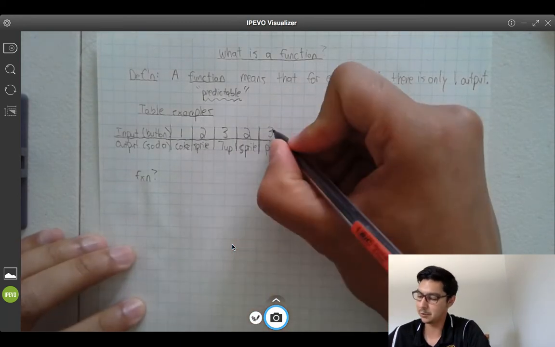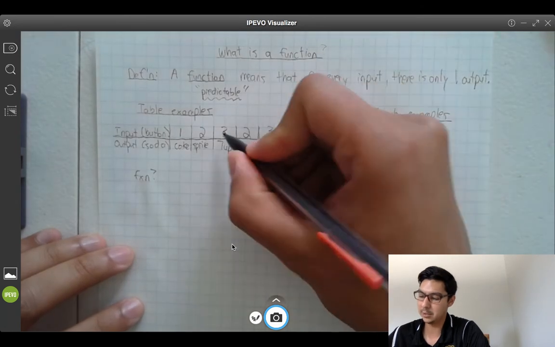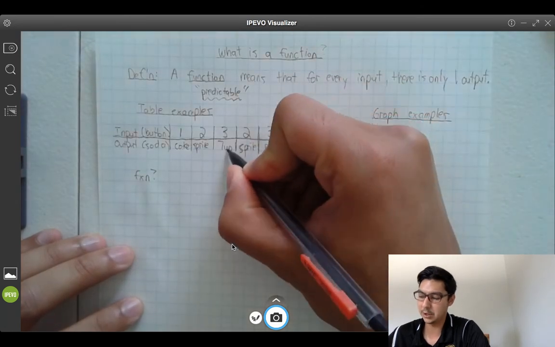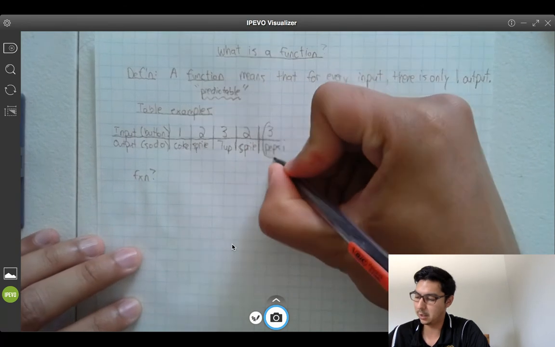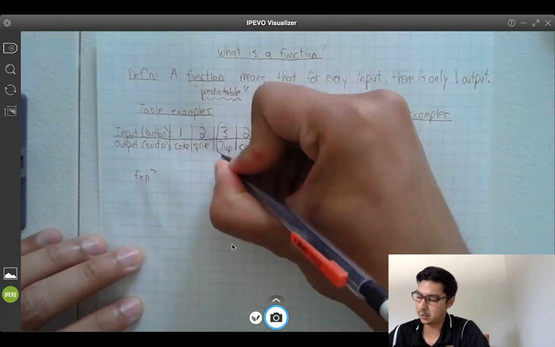The issue is actually right here. If I hit 3 again, since I hit 3 and I got 7-Up, I should expect 7-Up. But did I get 7-Up again? No, I did not. So this right here is a problem.